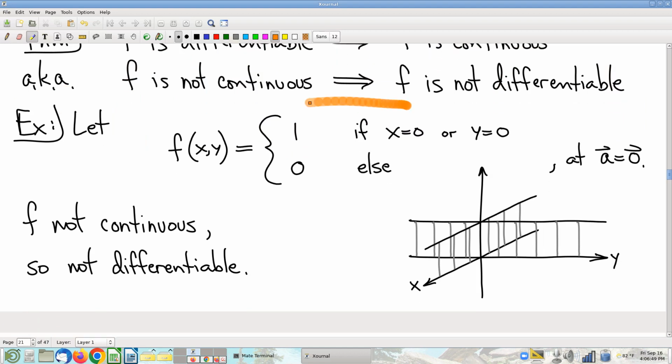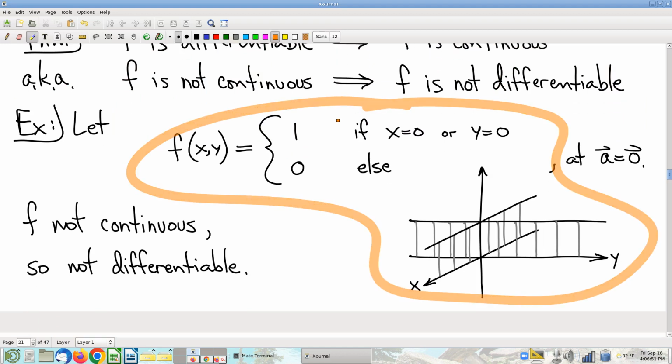This ugly function here, considering what's going on at the origin. Well, it's clearly discontinuous, and discontinuous implies not differentiable. Game over. And I don't have to take partials or anything. We've got a discontinuity, and therefore it's not differentiable. One step. Pretty good?